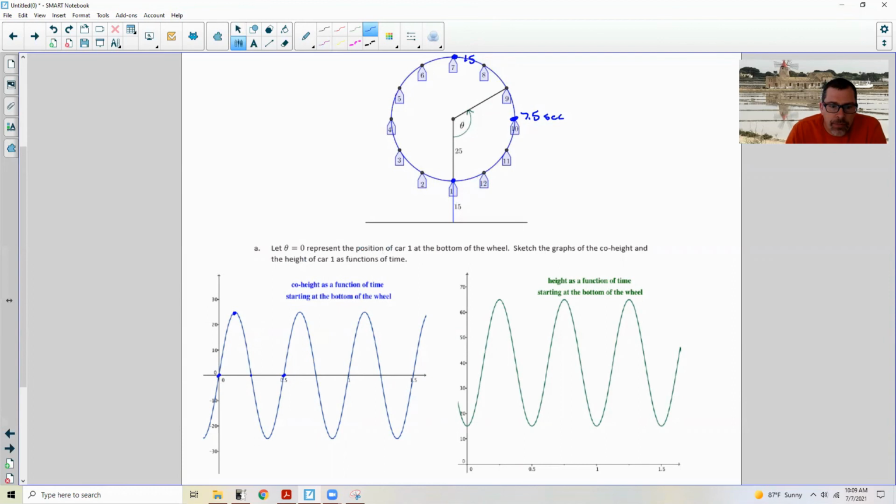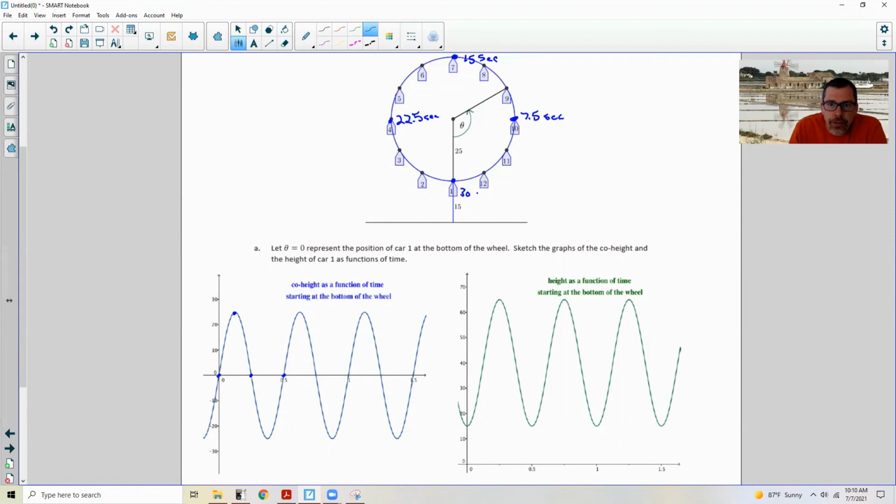That's a quarter of a minute, 15 seconds. 3/4 of a minute is 22.5 seconds. Okay, I've just finished filling this in.